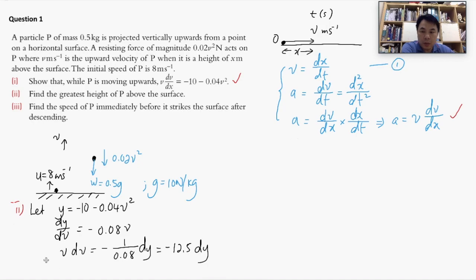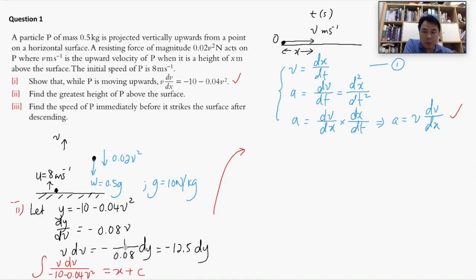So we have the integral of v dv over negative 10 minus 0.04 v squared equal to x plus c. That's what we have previously. Right, we're going to continue from here.